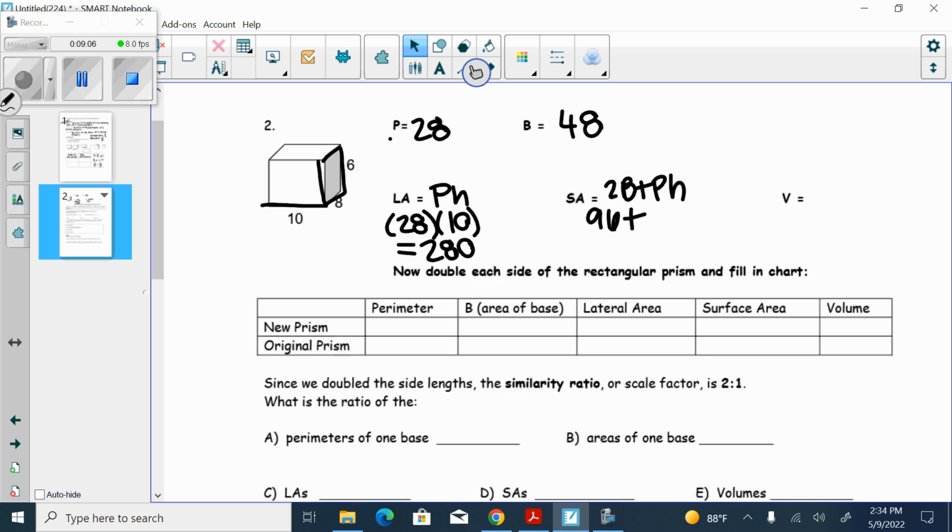Plus perimeter times height, which we already said was... So what's our surface area going to be? 376. Alright, and then lastly, how do we find the volume of a prism? And we said that the base area was... And we said the height of this thing was, so the volume must be... good.